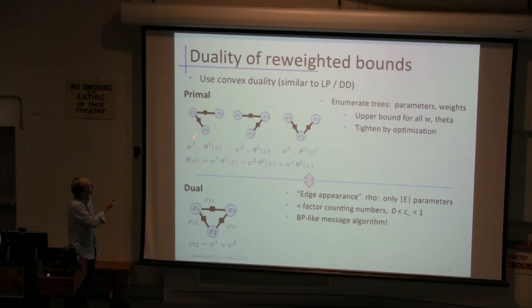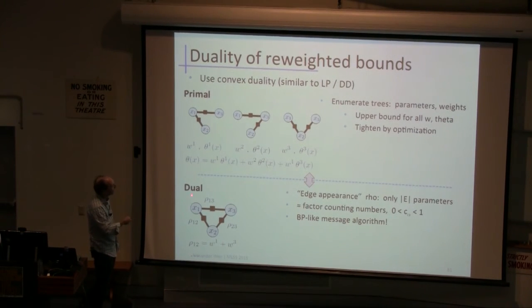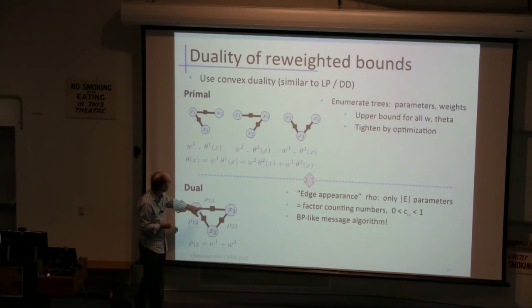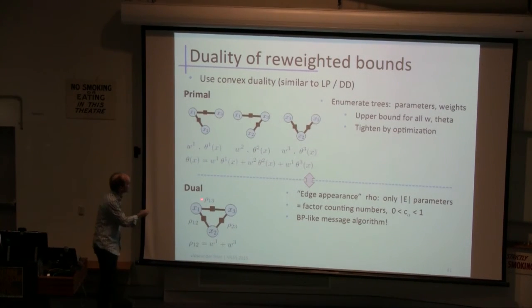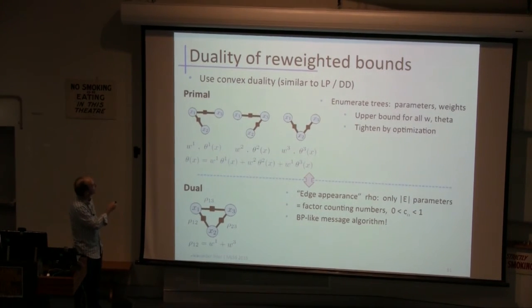If we take the dual of this, what you find is that rather than having to enumerate trees, it takes a form like this, where you only need to keep track of what are called the edge appearance probabilities. The edge appearance probability is the total weight of any tree that contains that edge.